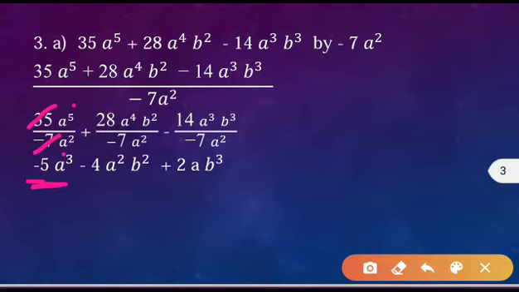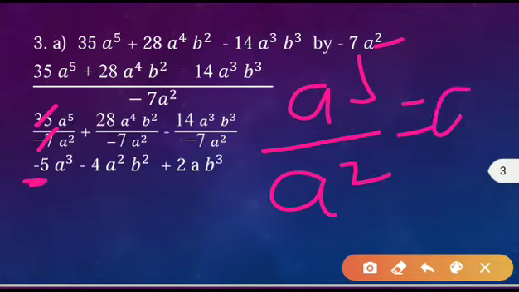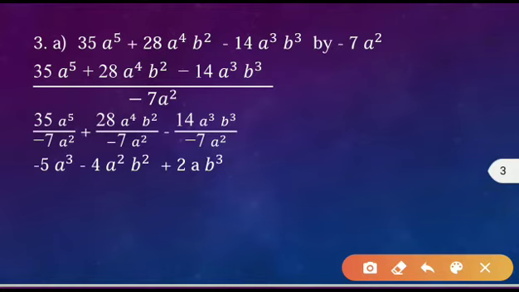When a square will cancel, it leaves a cube only. In the first term, when you divide, this will give you 5 and minus is there, so minus 5, and a to the power 5 upon a square will give you a cube only. In the second term, when you divide, this will give you 4 and here is a minus sign, so minus 4.